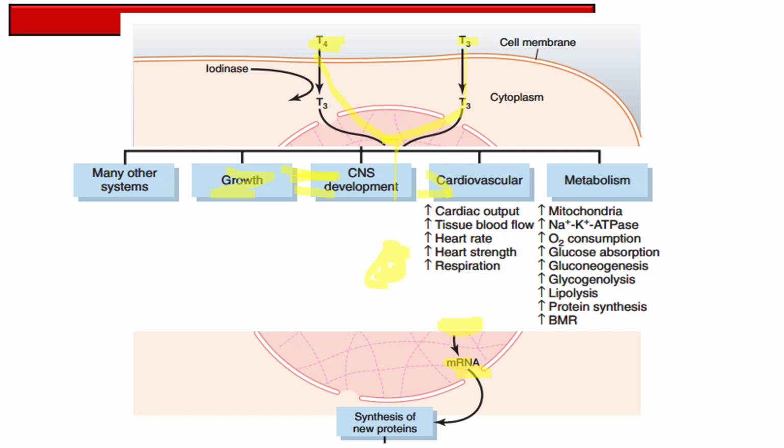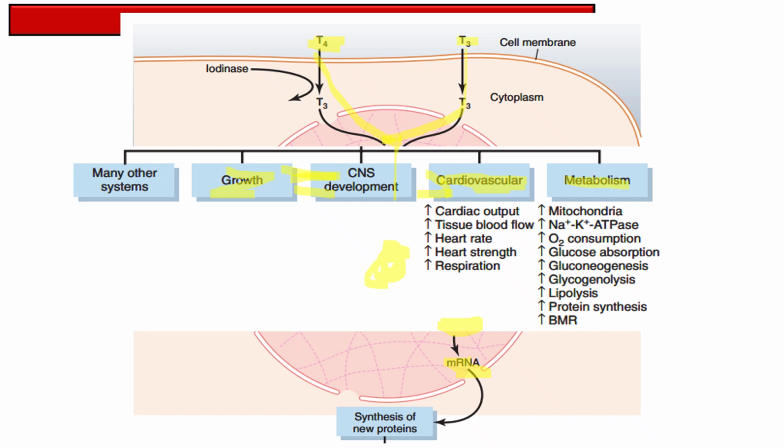In the cardiovascular system, there is increased cardiac output, increased heart rate, increased heart strength, increased tissue blood flow, and also increased respiration. Metabolism is also affected as a result of this hormone.